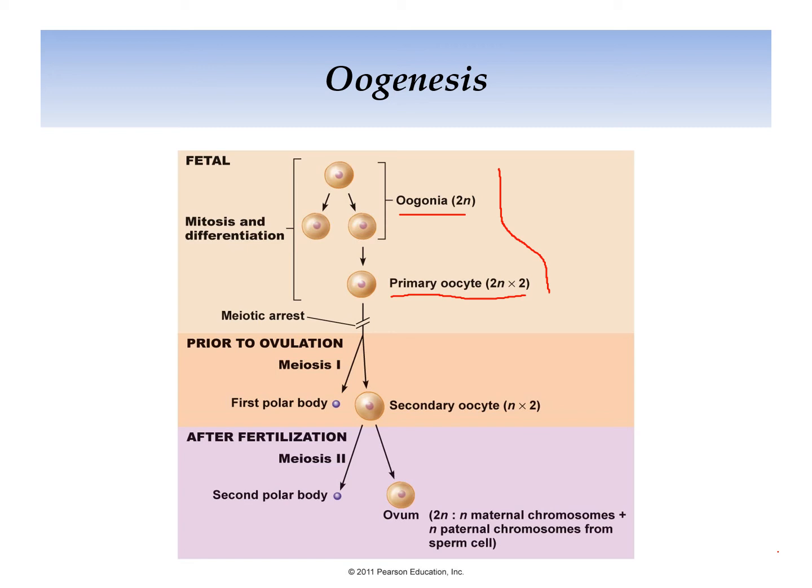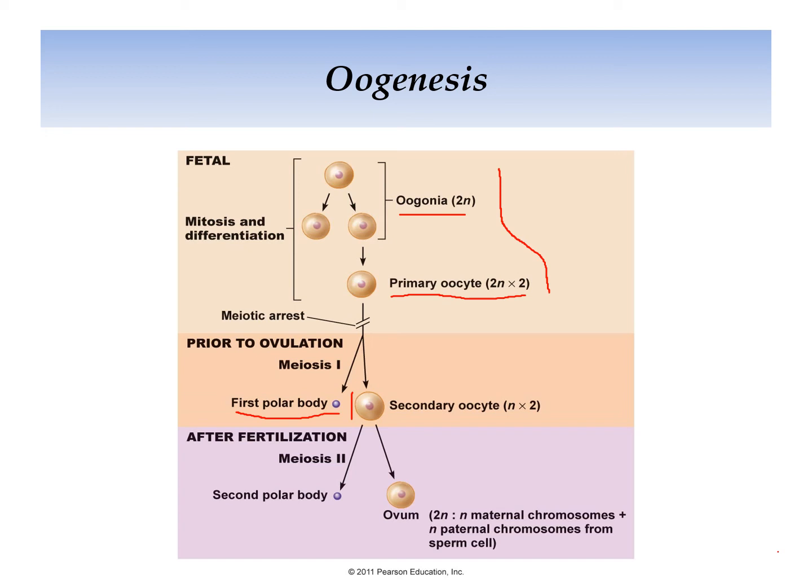But in females, they are born with a set number of primary oocytes. What is interesting here is that the primary oocytes don't undergo meiosis until they reach puberty, and meiosis 1 only occurs during ovulation. Have a look here. During meiosis 1, only one egg will be chosen to continue to grow. The other degenerates into what is called a first polar body.